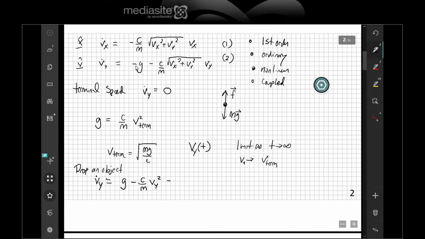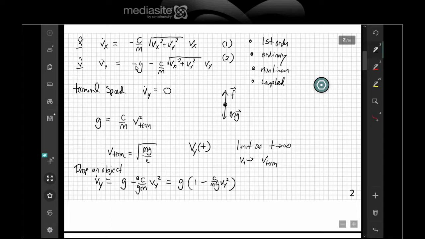Now, I can identify a couple of things. I'm going to factor out a g here. I'm going to get 1, and then I'm going to write g over g. If I factor out a g, I'm going to get c over mg times Vy squared.